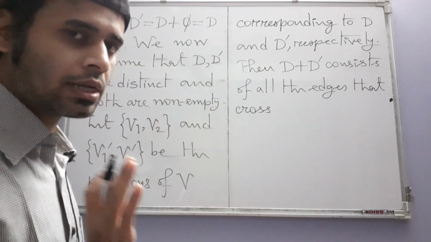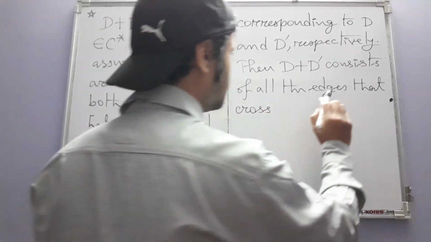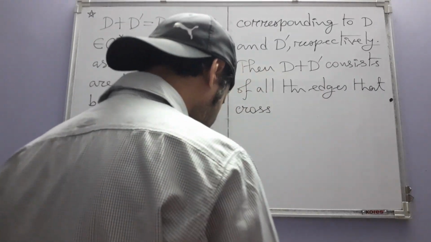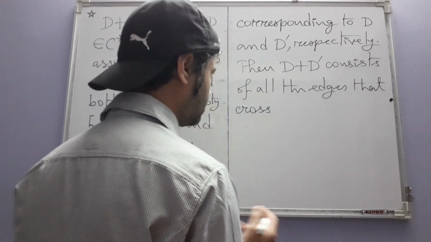But such edges are not allowed since we are taking symmetric difference. Edges that cross one of these partitions but not the other. Okay.